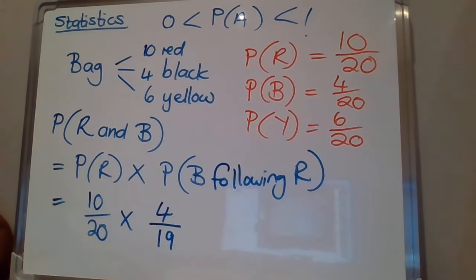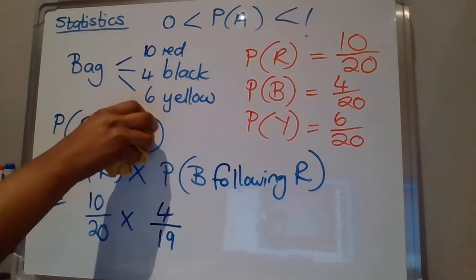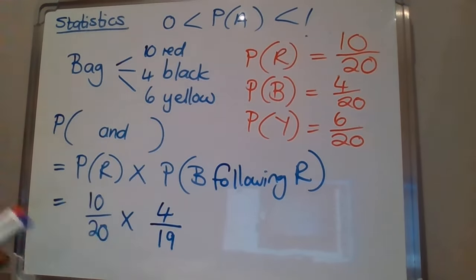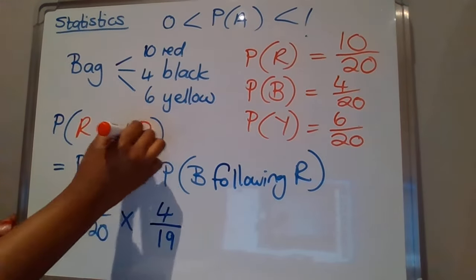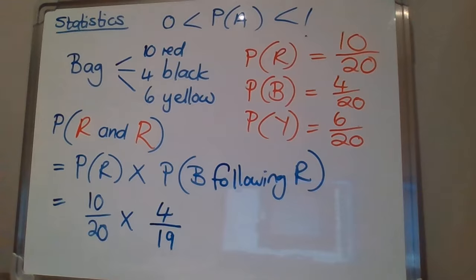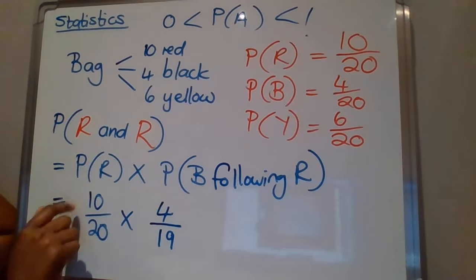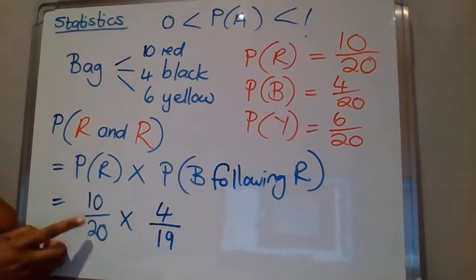All right. Let's say, for example, you were asked then to find 2 red balls. So the first one, we're saying here, I am not replacing the first ball that I take out.